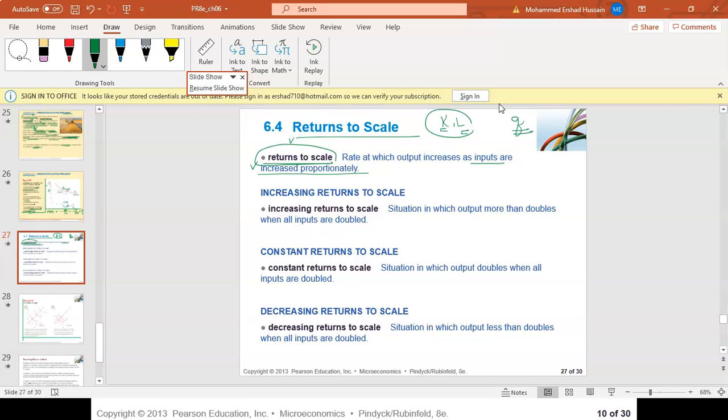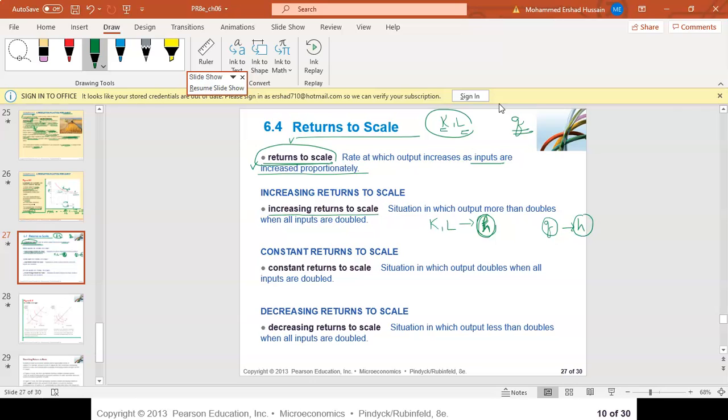Suppose we increase capital and labor by a proportion H, then how will output respond? Will output also increase by proportion H or more?